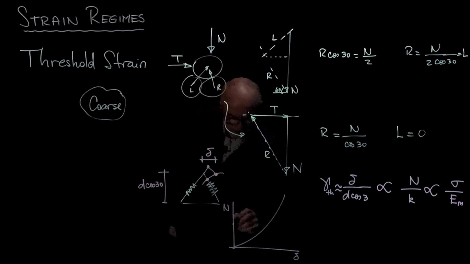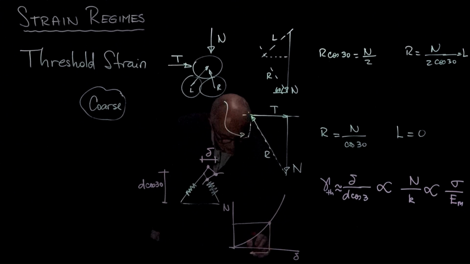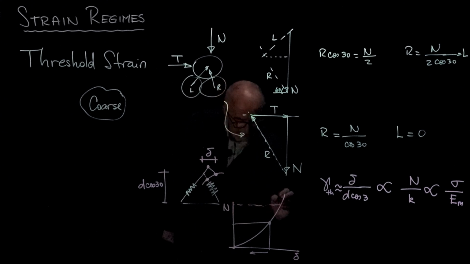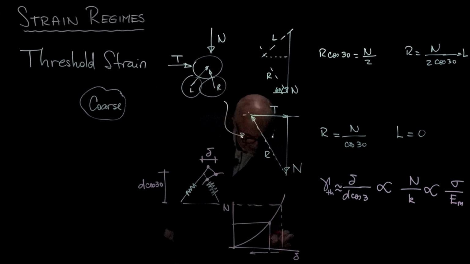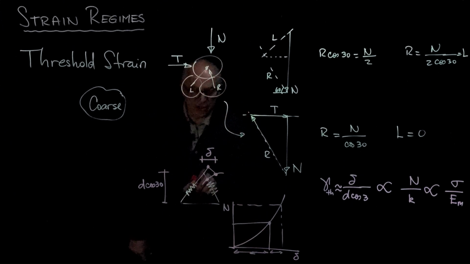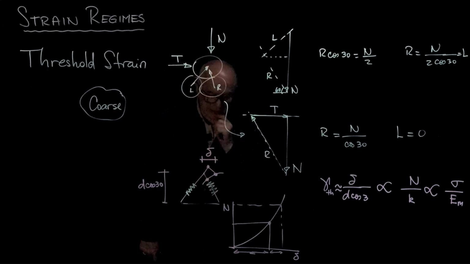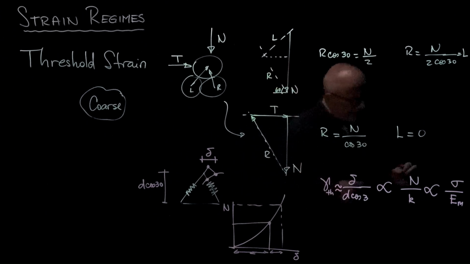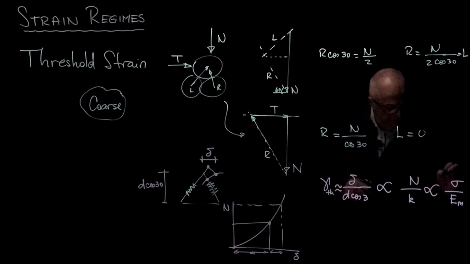So if your initial condition was here, then during unloading of the left, you're going to experience so much deformation, and now during loading of the right, you are going to experience only this amount of deformation compared to this one. And so the unloading is going to be more pronounced, the extension is going to be more pronounced than the contraction. And when you do all this carefully, now this becomes raised to an exponent 2/3.